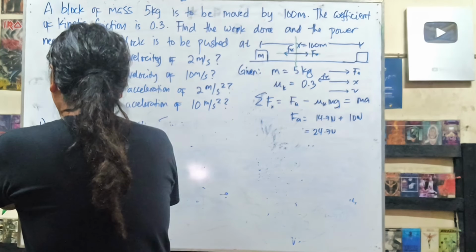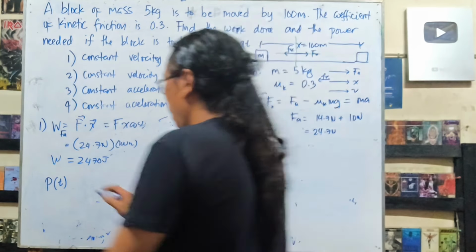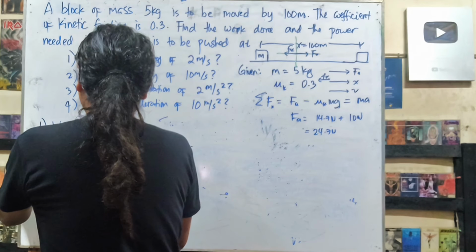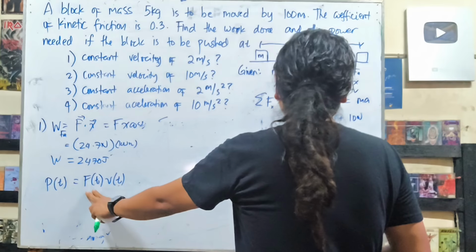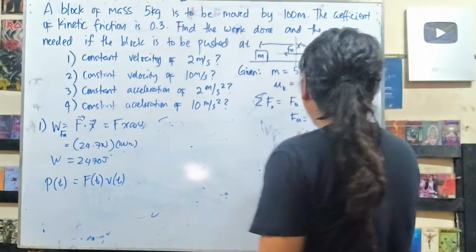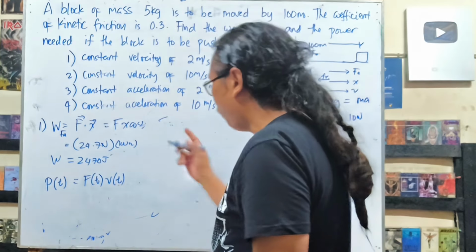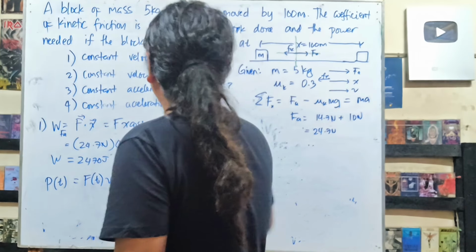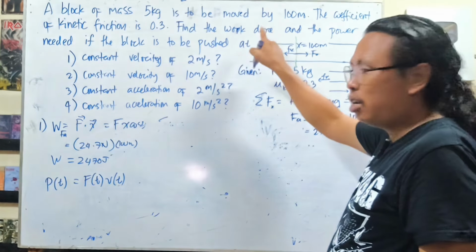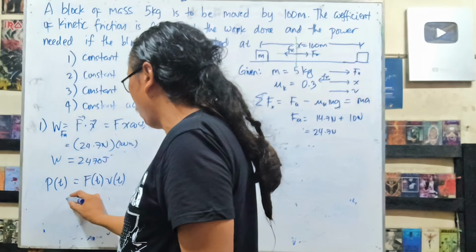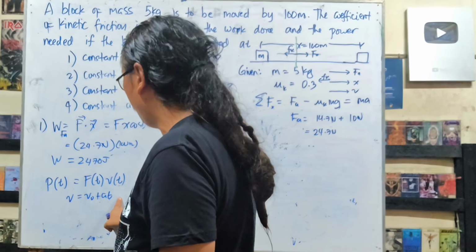So we can just calculate for P of t. P of t is F of t times V of t. F is not a function of time, because we have a constant force right here. But V of t is a function of time. What is V of t? This is a constantly accelerated motion, and assuming that we start at 0, we have this equation, V is equal to V naught plus at. This is already V of t.